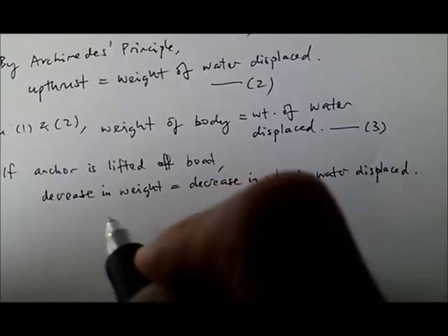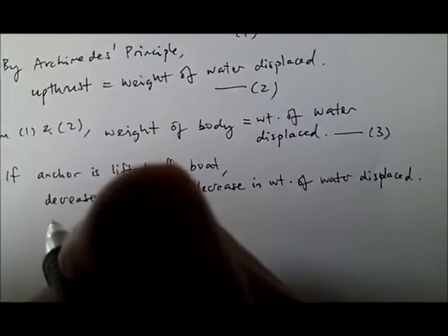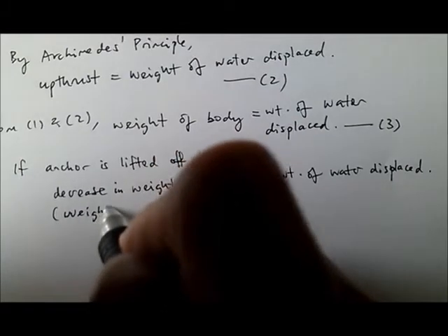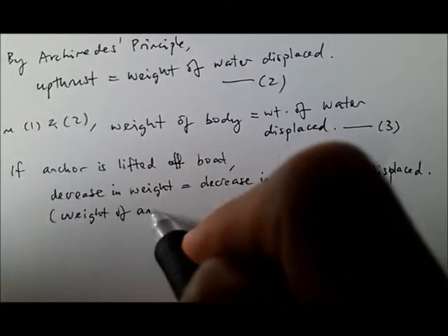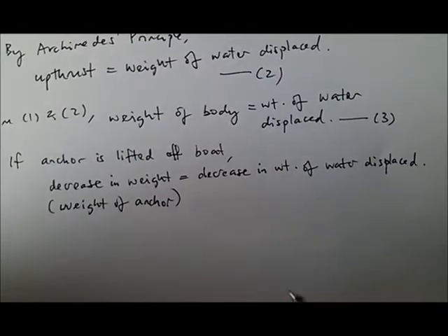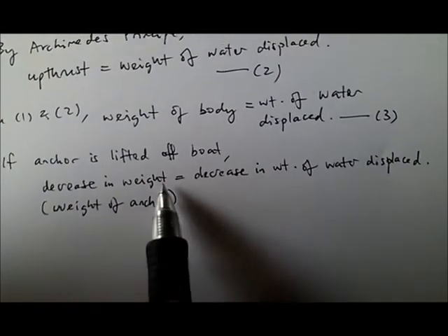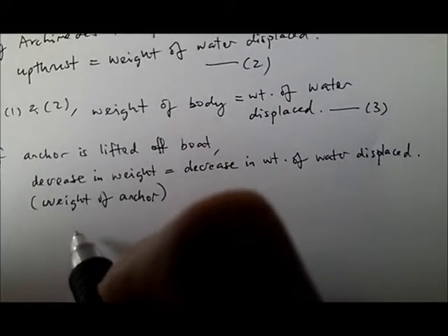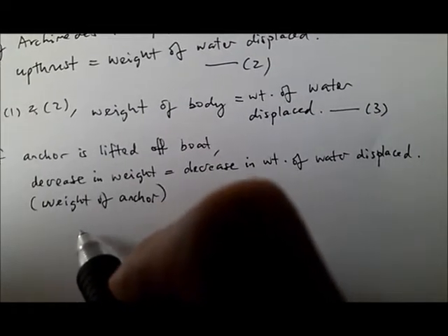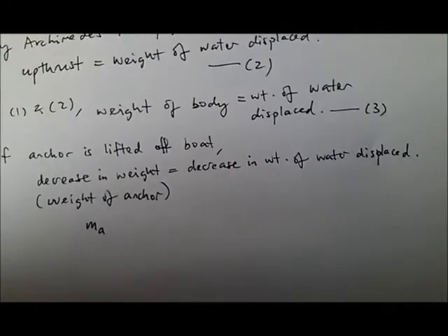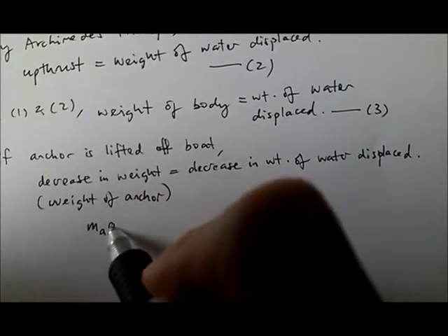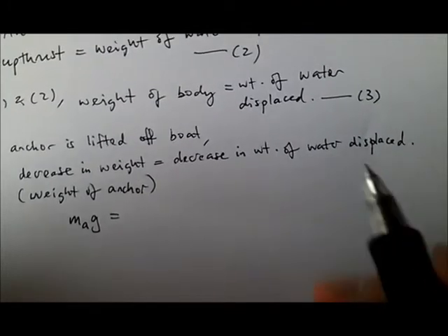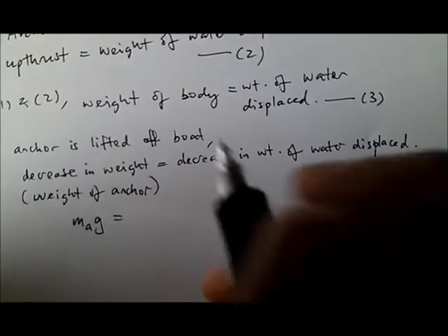So what is the decrease in weight? The decrease in weight is nothing more than the weight of the anchor, because that is what is removed from the boat. So the weight of the anchor is equal to the decrease in weight of water displaced. How do you find the weight of the anchor? You take the mass of the anchor times g, and that will be equal to the decrease in weight of water displaced. How do you find the weight of water displaced?